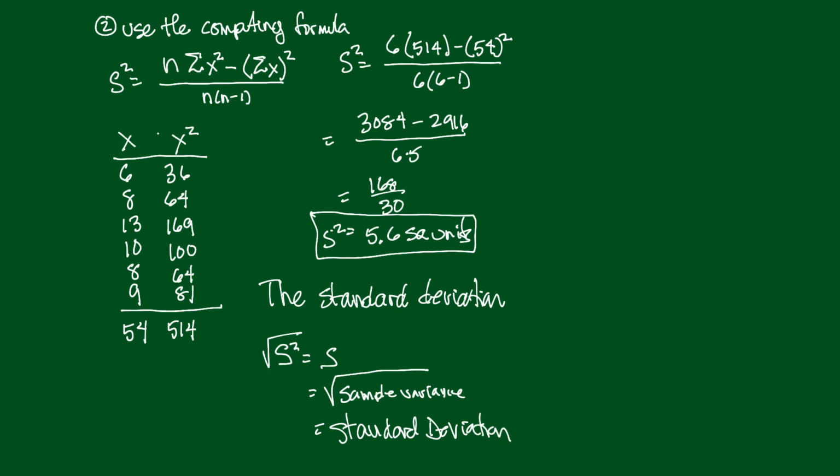All right, so s, here's the formula for s. I'm just going to write the defining formula. It's a big square root. Square root of what? Square root of all of this. So let's write it in there. N times the summation of x squared minus the quantity summation of x's squared, over n times n minus 1.